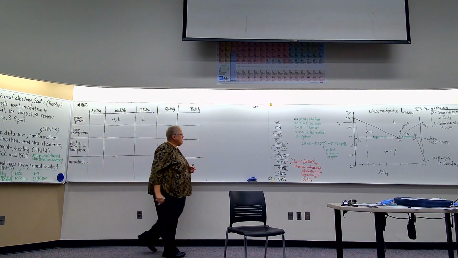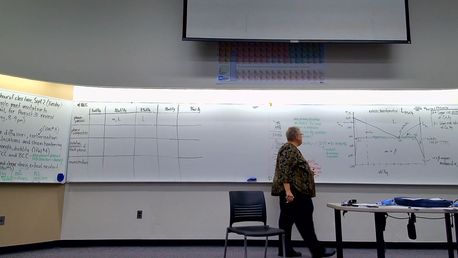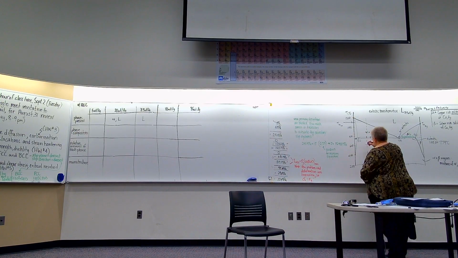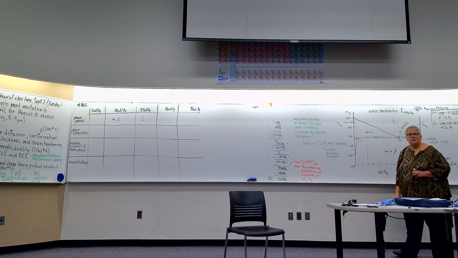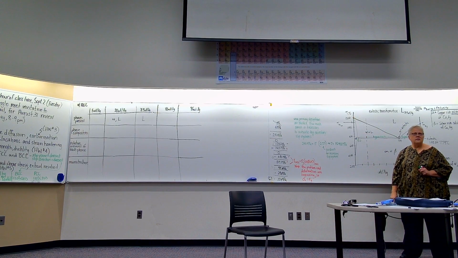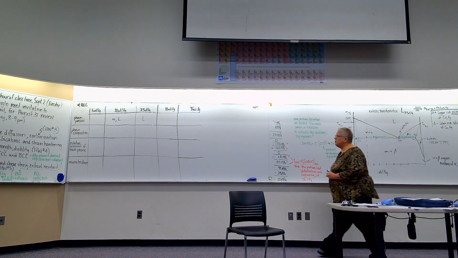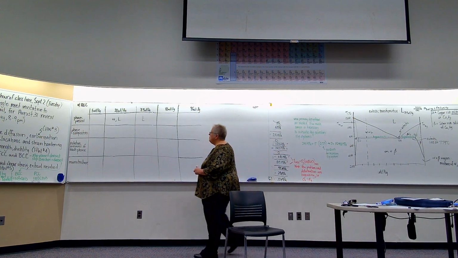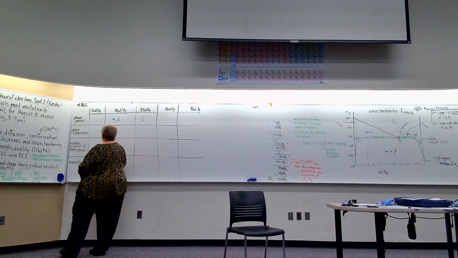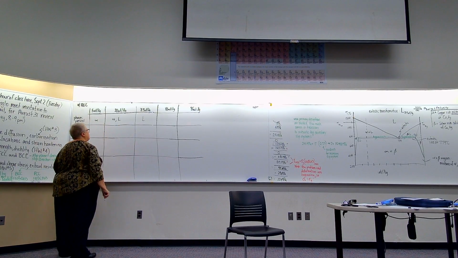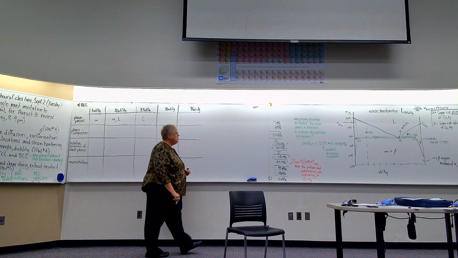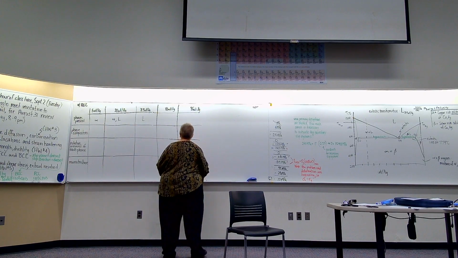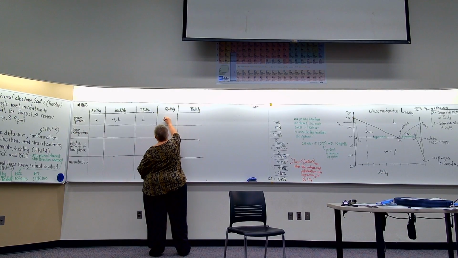And if I have 5 weight percent silver, like there, so I only have alpha. 85, I have beta in liquid. And 95 of just beta.